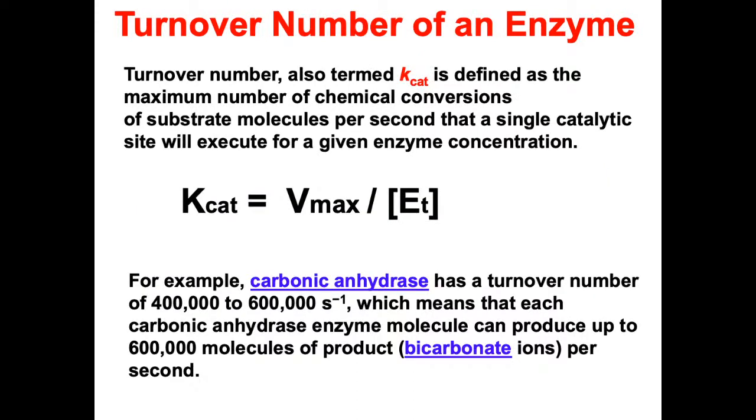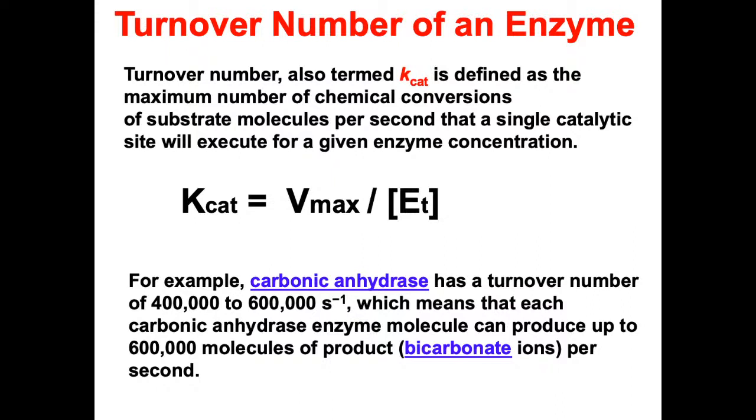Now, turnover number is a new term. Turnover number of an enzyme is also termed k catal, which is defined as the maximum number of chemical conversions of substrate molecules per second that a single site will execute for a given enzyme concentration. So k catal equals Vmax divided by enzyme concentration. For example, carbonic anhydrase has a turnover number of 400,000 to 600,000 per second.